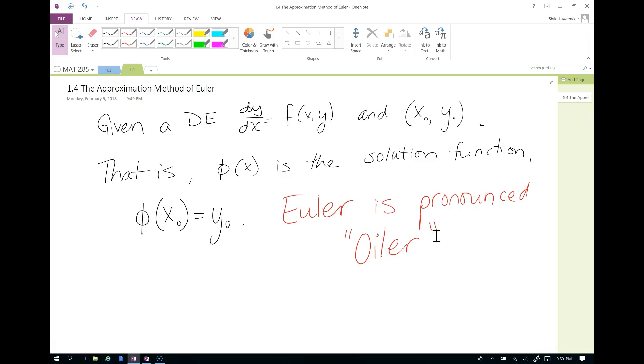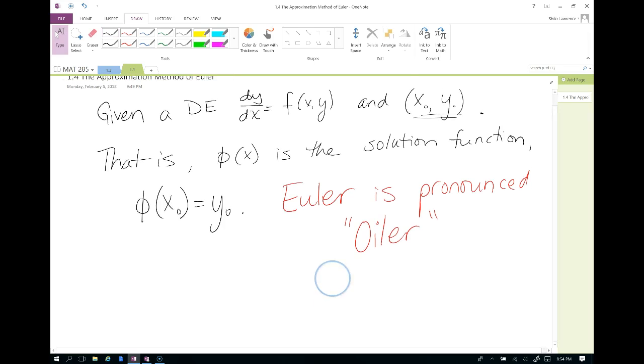The approximation method for Euler: if we're given a differential equation and a point that satisfies that differential equation, we could use that information to find an additional point that satisfies that differential equation. And again, we're going to be using the idea that this differential equation tells us tangent slopes on our solution function.